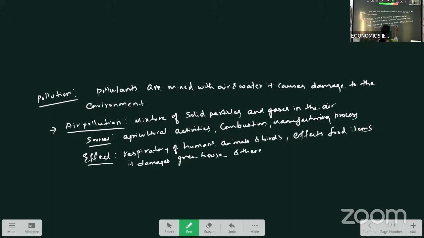So when you are writing this question, just write down what is air pollution, what are the sources of air pollution, and what are the effects of air pollution.